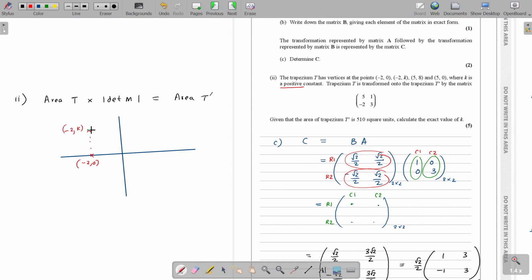Are you with me? And the next point is 5, 8. I'm just randomly placing it here. 5, 8 and 5, 0, which means they are directly underneath each other, right? Can you see?